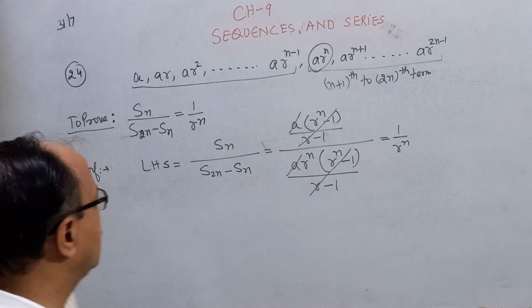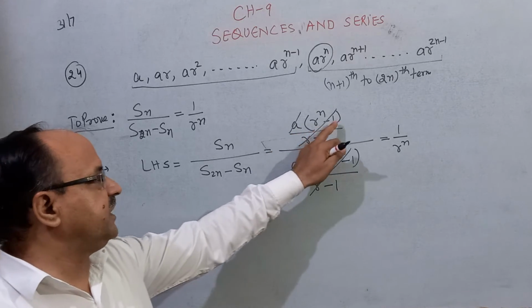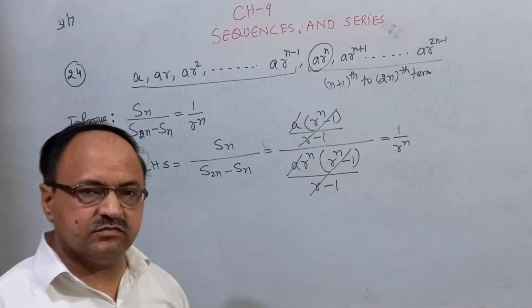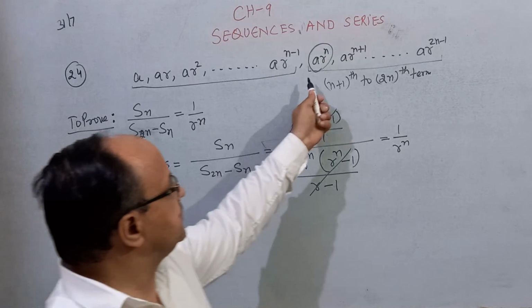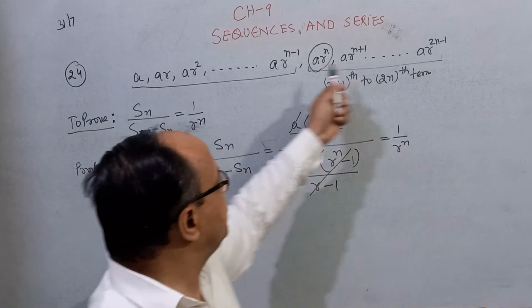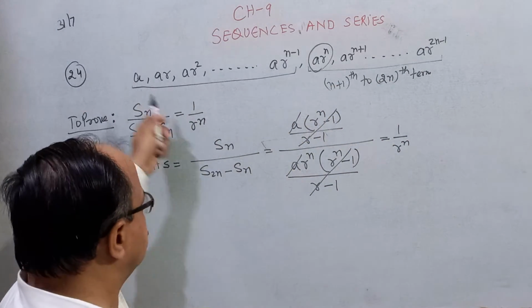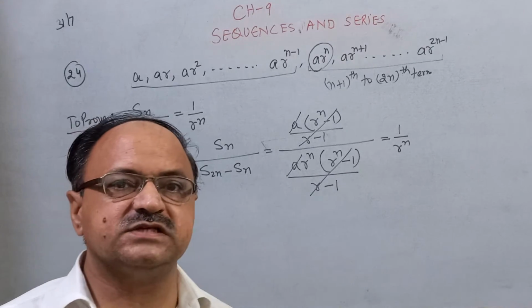Correct? Again, for the sum of n terms, the formula A r to the power n minus 1 upon r minus 1 is applied directly. And here, the sum of the terms from this to this means the sum of 2n terms in complete, minus Sn. It means this is the sum of the terms from n plus 1 to 2n.